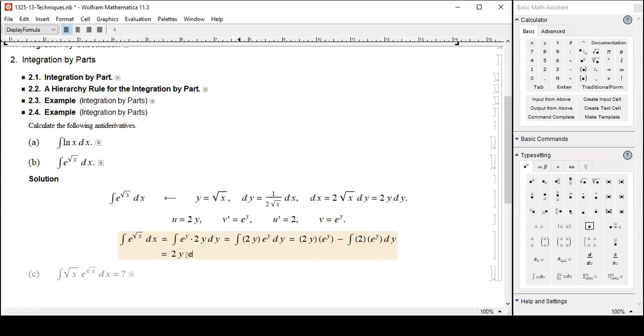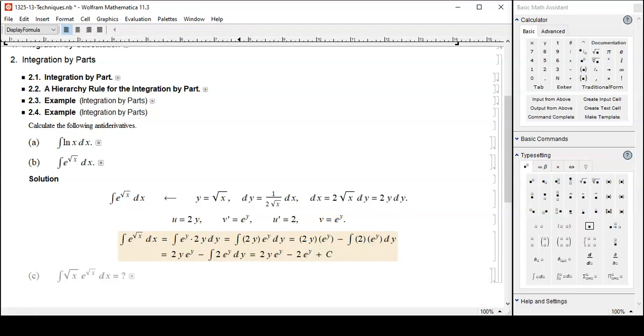So 2y e to the y power minus integral of 2 e to the y power. Well, that's an easy integral. 2y e to the y power minus 2 e to the y power, and that's it.